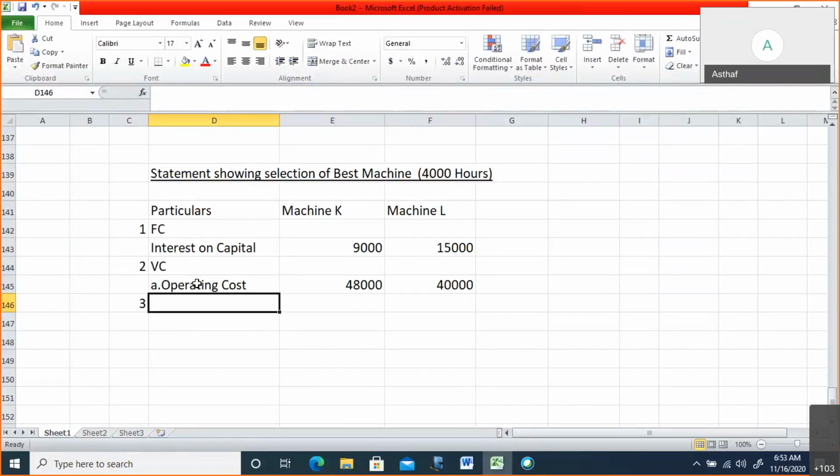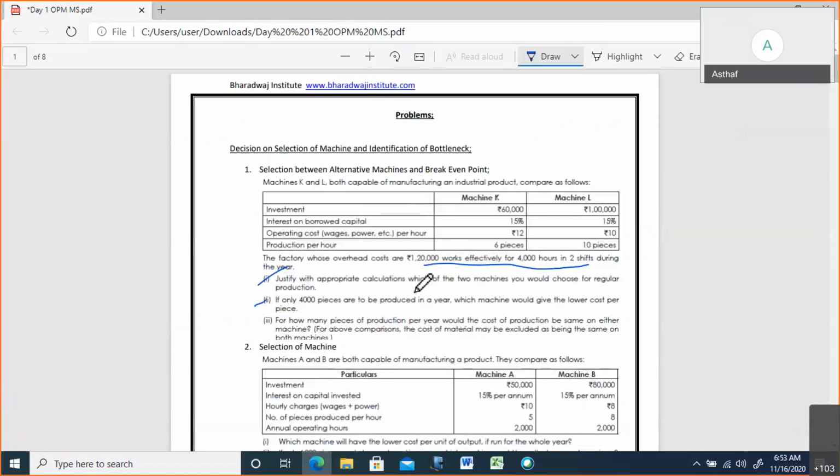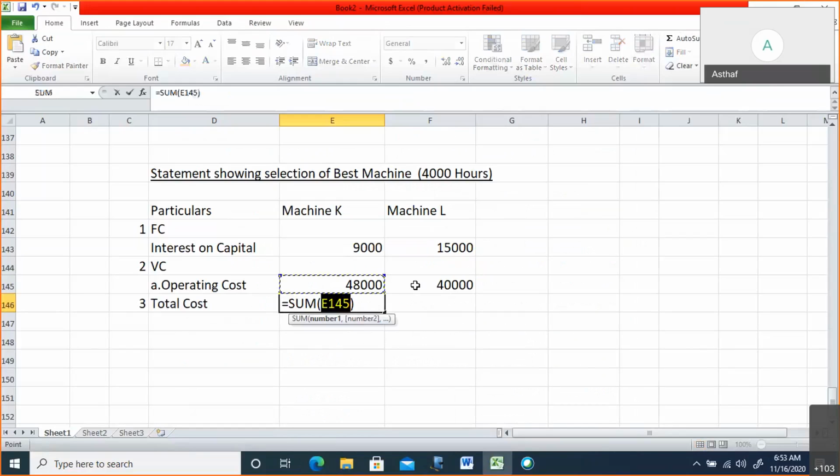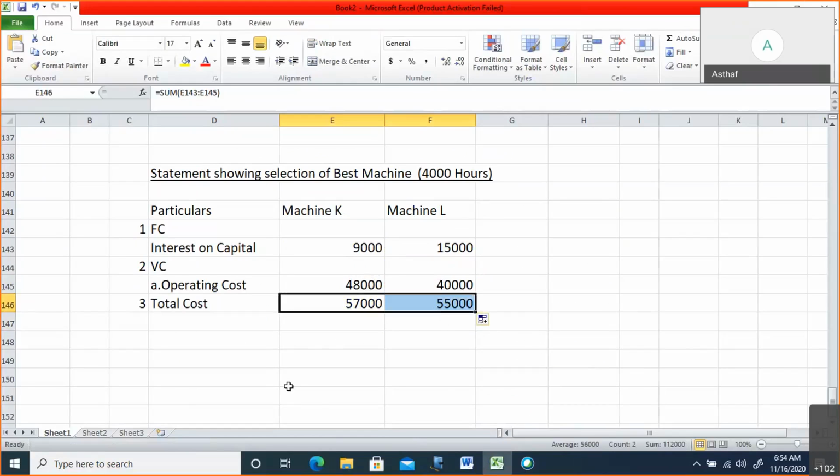If you look, there is one factor, overhead, which is a common cost for both the machines. That is why we are not taking it separately. Yes, some of the friends have already started giving the answer.